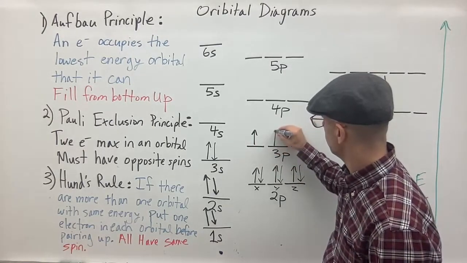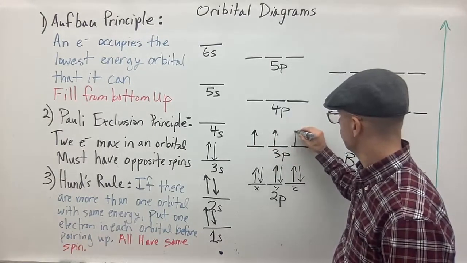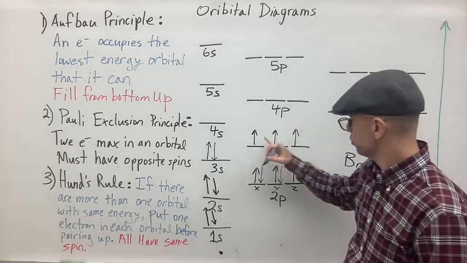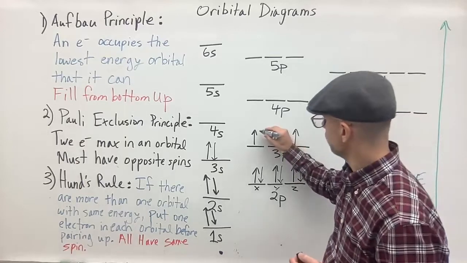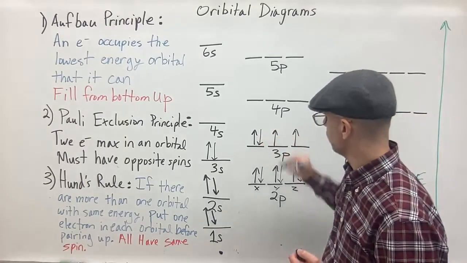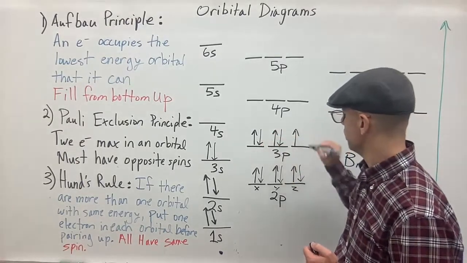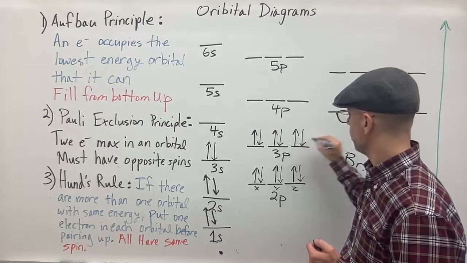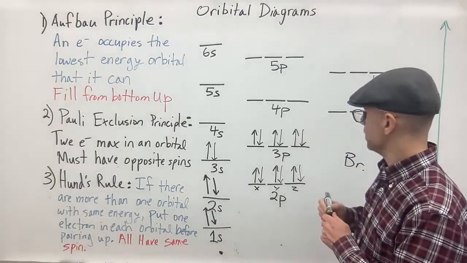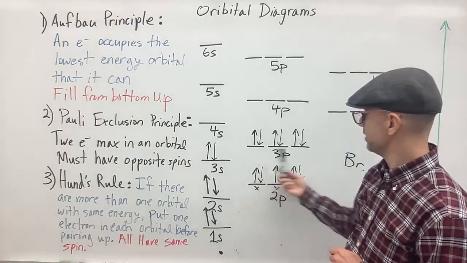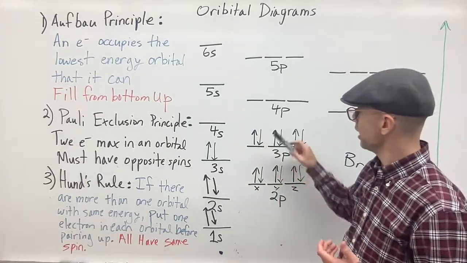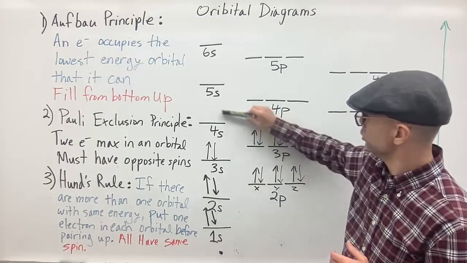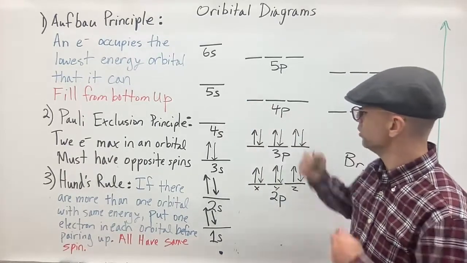So that's going to be 1, 2, 3. So those 3 electrons go there. We've got more electrons, so we're going to have to fill them up. So we're going to pair that one up, spin down, pair that one up, spin down, pair that one up, spin down. And so now we have 18 electrons used up. We've got more, so we've got to keep filling up. The next energy level is here. So we're going to fill this up.